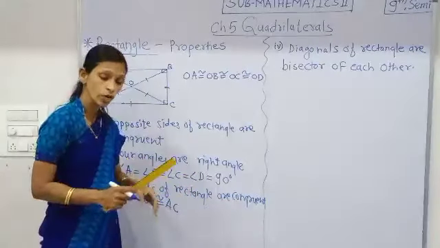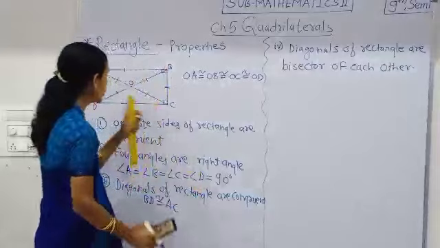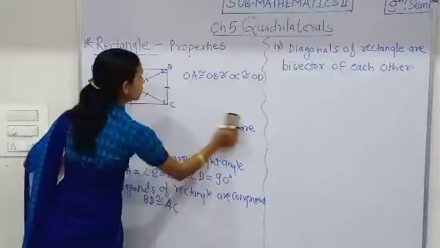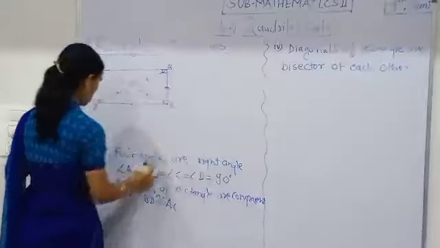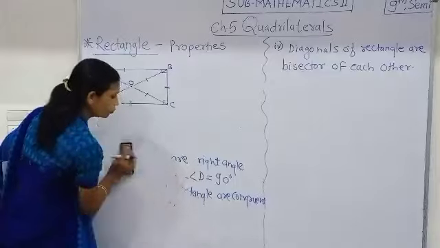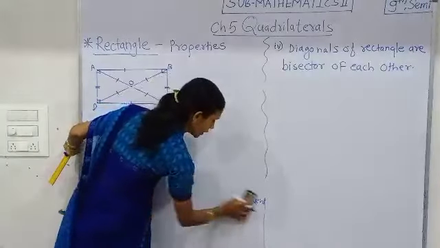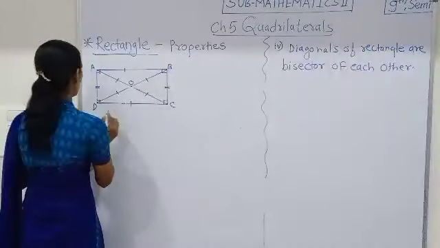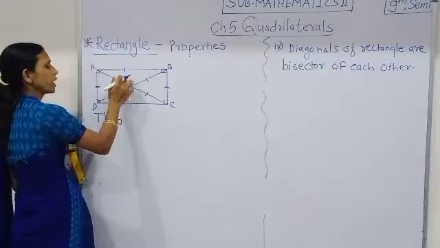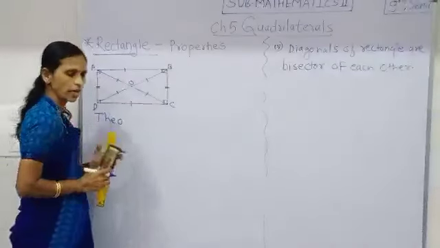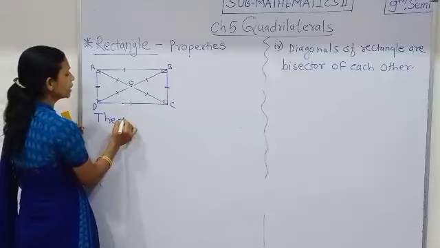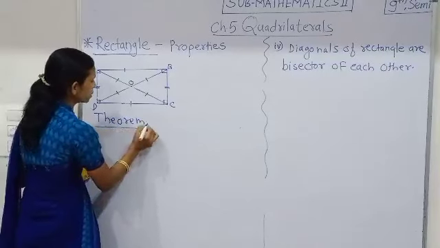Then today we are going to prove one of the properties related to the rectangle, that is, diagonals of a rectangle are congruent. That property we have to prove here. Therefore we have to use the same rectangle or same figure to prove this property in the form of a theorem.